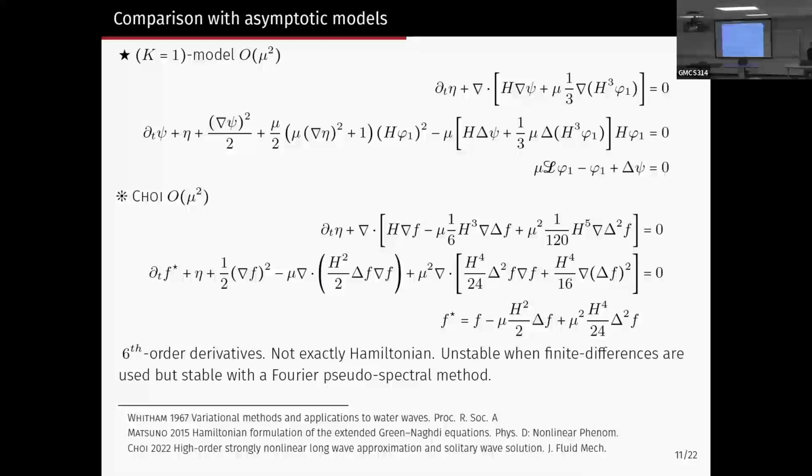It doesn't exactly preserve the Hamiltonian, only in an asymptotic sense. And he also has a very nice proof showing that it is unstable when finite differences are used. Again, he took the linear version of the problem, put the expression of the finite differences in, and found a singular dispersion relation.